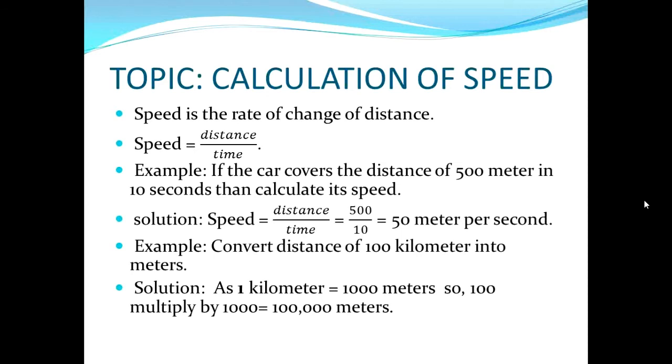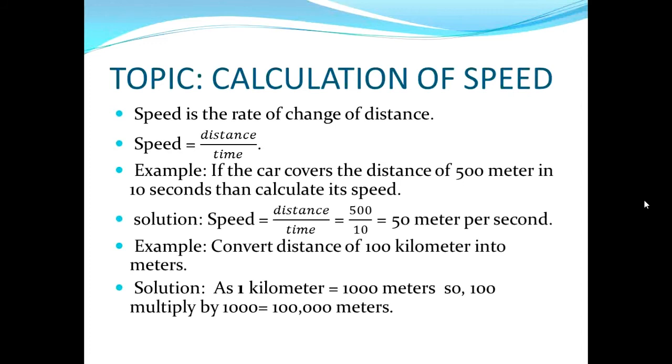Speed is equal to distance over time. The distance given in the example is 500 meters, and the time to cover that distance is 10 seconds. You have to divide 500 meters by 10 seconds, and then you will get a speed of 50 meters per second.